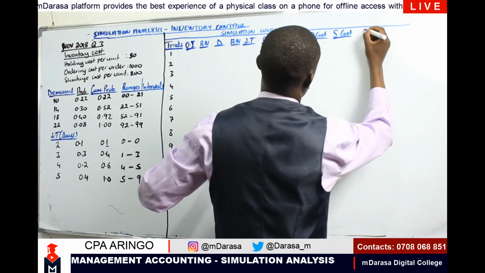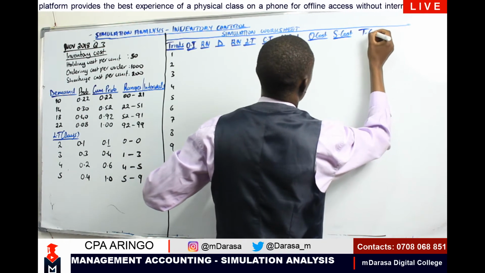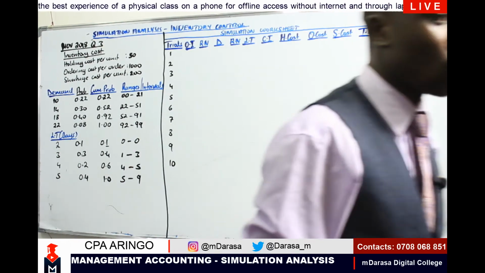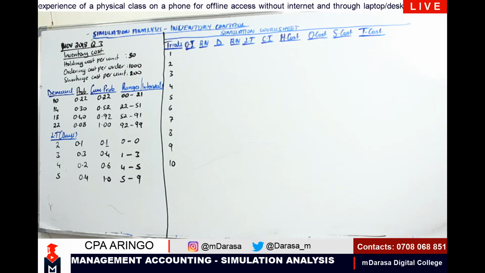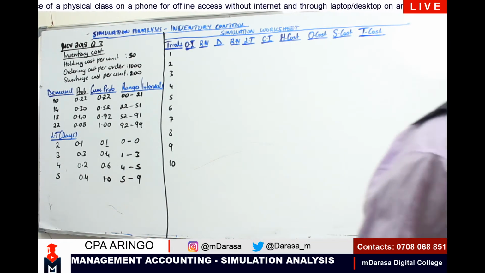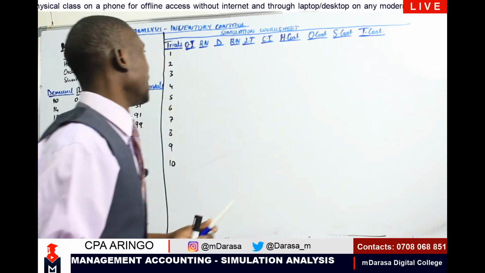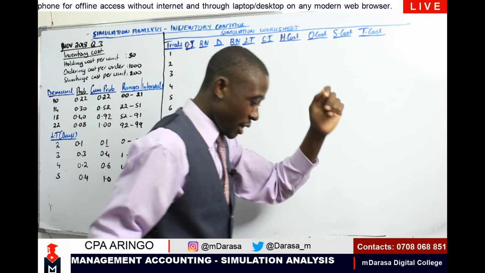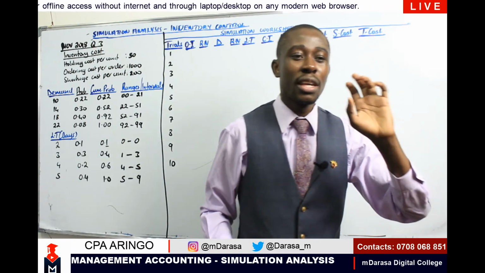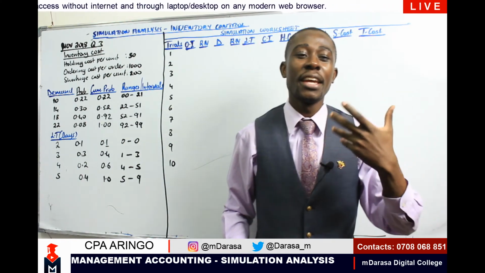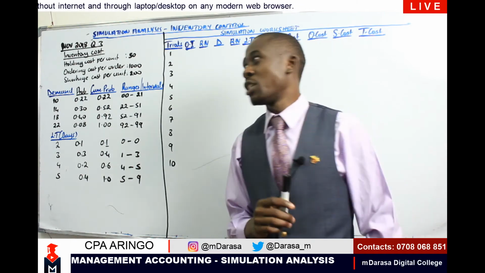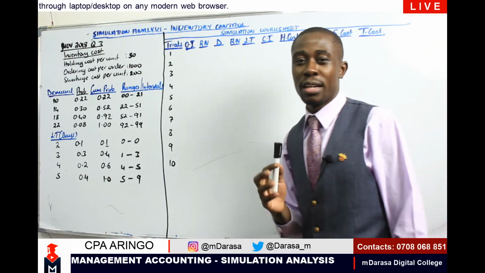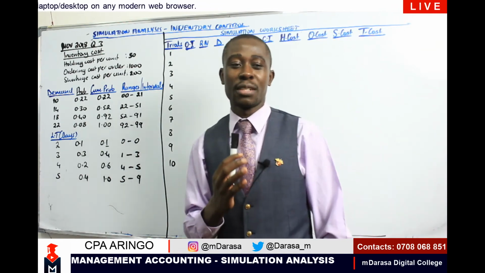Then we can consider our total cost at that point. Now, the moment I have this sheet, if you are dealing with any question on simulation, you are good to go and you've understood the concept right.